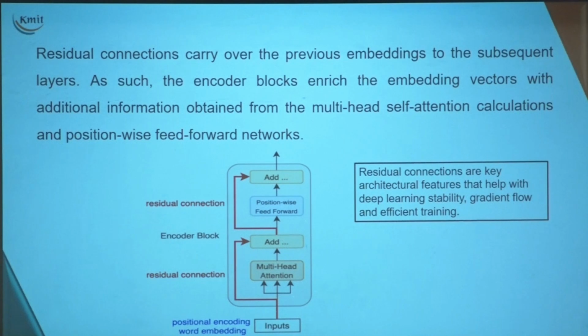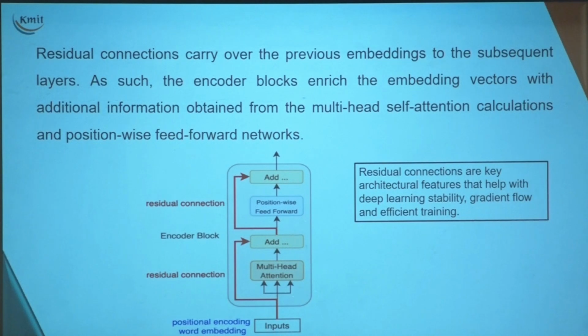If suppose I say I am teaching, I want to take I am ASHA from the previous state. I don't want to read I am ASHA again. I just want to add the new word to it, and in the next step add the next word. Are you getting my point? Hence we go for adding and normalization, such that I will not repeat the process of reading each word every time again and again, because the previous words are stored.